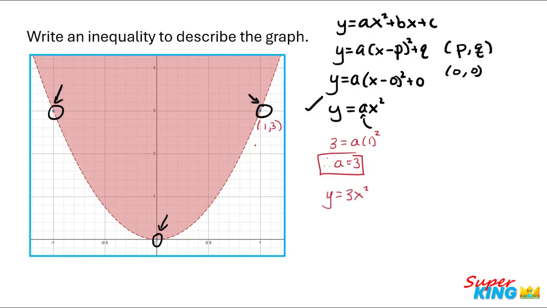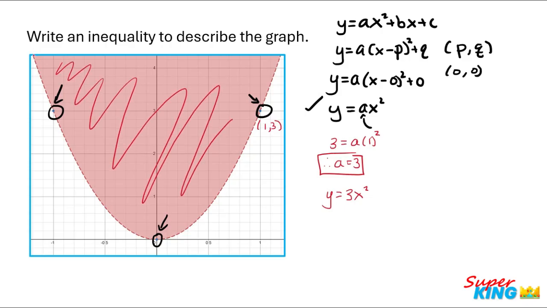Now we should notice something. We're not dealing with an equivalency here. We are given a shaded region above a quadratic, and the quadratic is outlined in dotted lines. This means that we're looking at all the points that are bigger than the quadratic. So if this is the quadratic that is outlining everything, then in order to write the inequality, we should be looking at all the points that are greater than this original quadratic, that 3x squared.